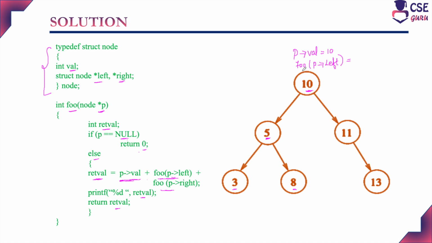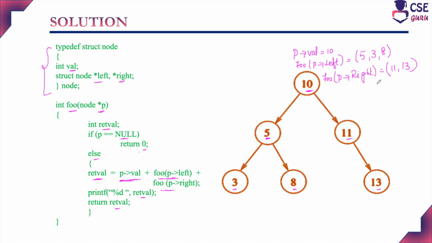Okay. So foo of p of left, we need to calculate for 5: we need to find the return value for the nodes 5, 3 and 8. Similarly, foo of p of right, there are 2 nodes, that is 11 and 13. We need to find the return value for node 11 as well as 13, then only we will get the result of the right node.